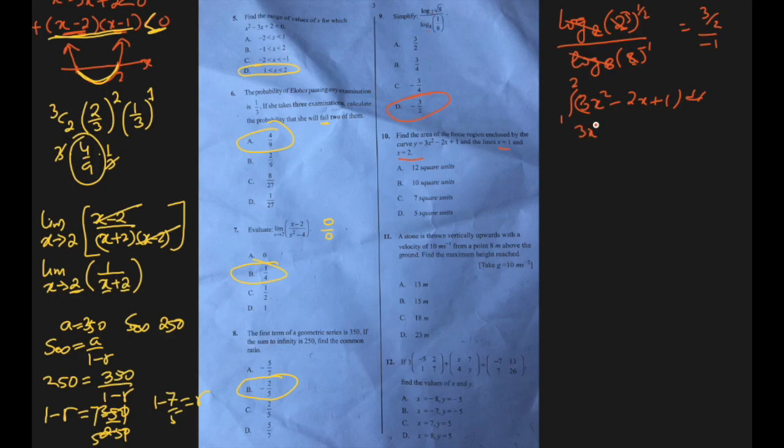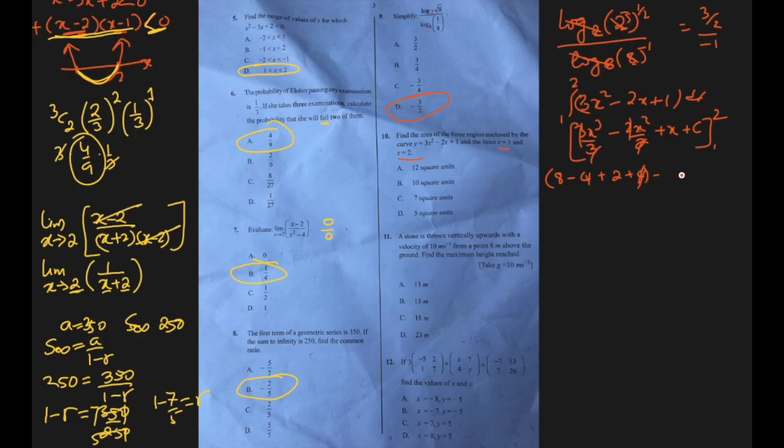So 3x cube over 3 minus 2x square over 2 plus x plus c. This is the integration of the given expression or the function. And now 3 and 3 cancel, 3 and 3 cancel. Substitute 2 first. 2 cube is 8 minus 2 square is 4 plus 2 plus c minus c.